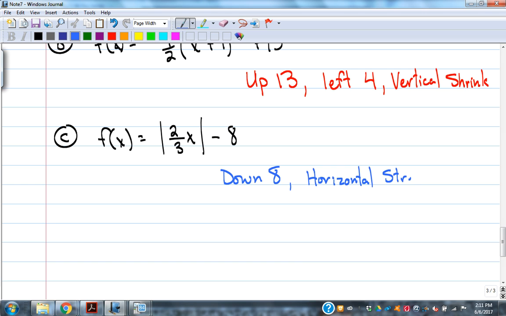Stretch. That's right. Remember, it's the opposite of the outside stuff. If it's happening on the outside, it's vertical. If it's happening on the inside, it's horizontal. If you can keep that in mind, that'll help get you going on that stuff. Okay.